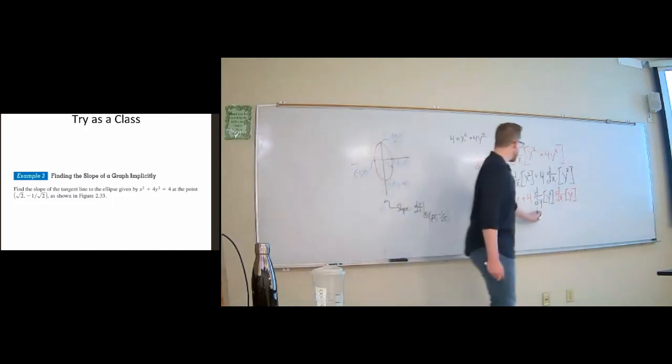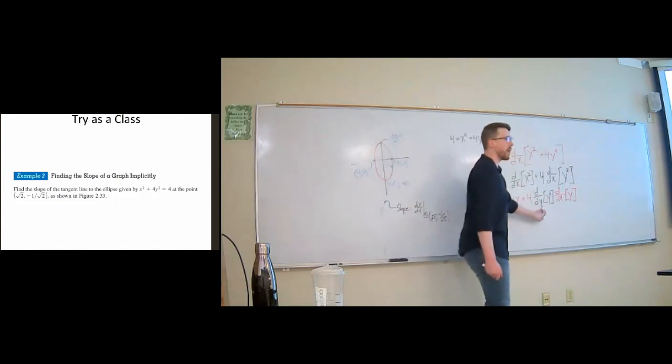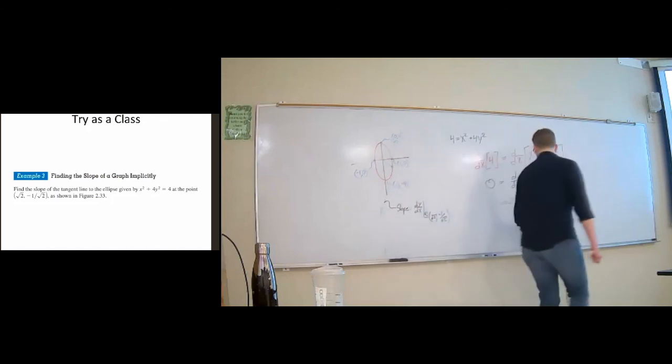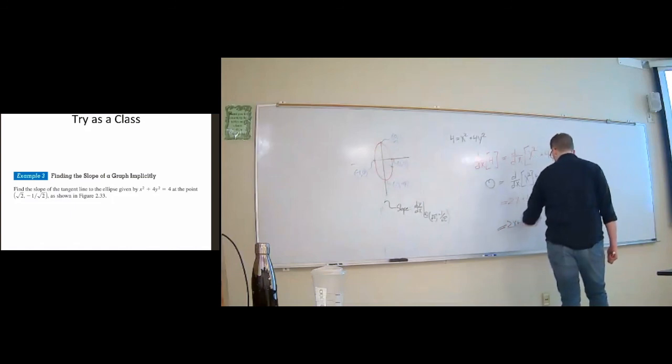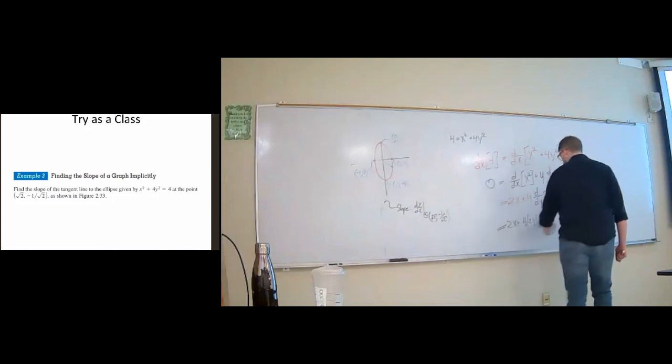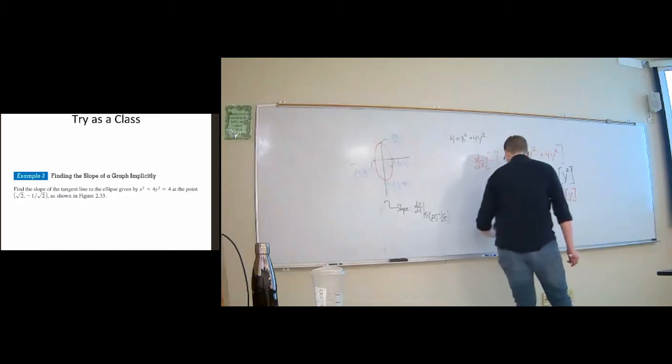Now this we can differentiate directly because it's y squared differentiated with respect to y. That's going to become 2y. So now we're going to have 2x plus 4 times 2y times dy/dx. All that is equal to 0.